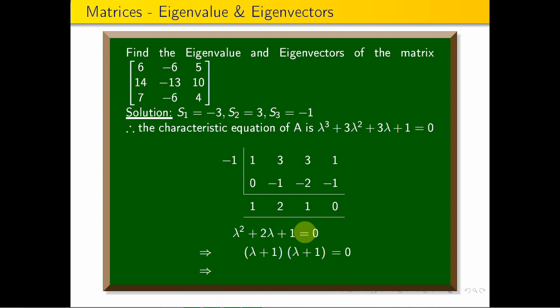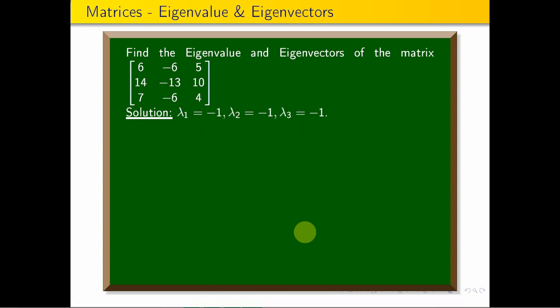From this we can find lambda is equal to minus 1, minus 1. Therefore all three values are minus 1. Therefore the eigenvalues are minus 1, minus 1 and minus 1.